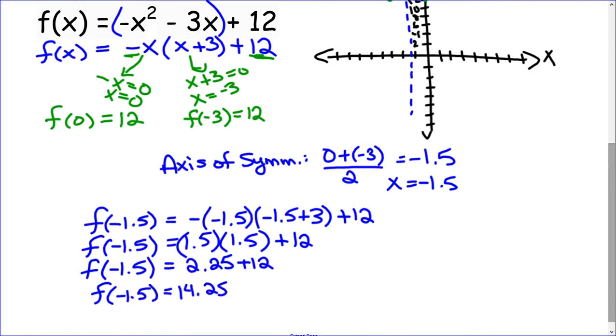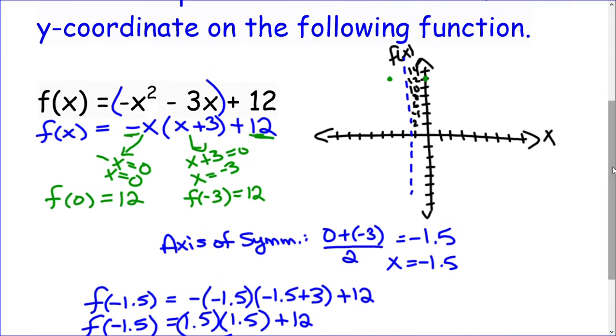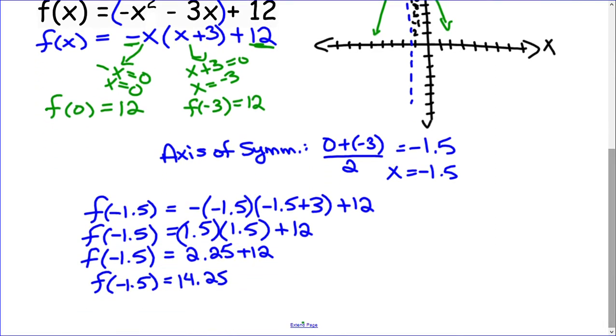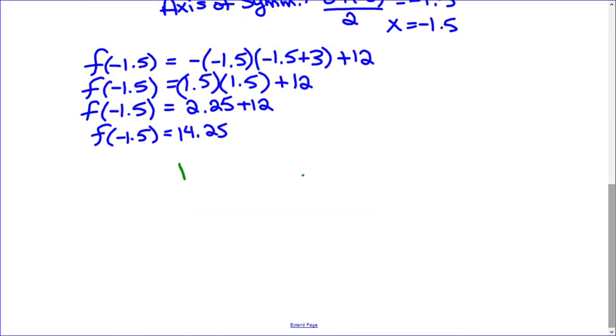So way up top, going through here, I'll have a value at 14.25, and this thing just opens going like this, going downward. So my domain and my range for this again, domain is such that x is in the set of all real numbers, so x includes everything, and then my range value has a restriction to it.